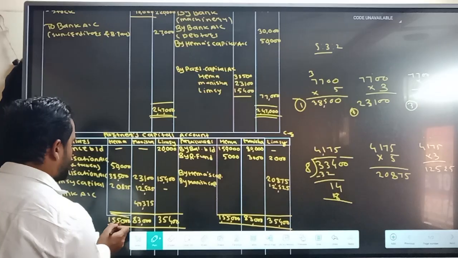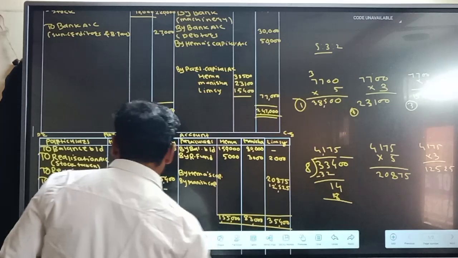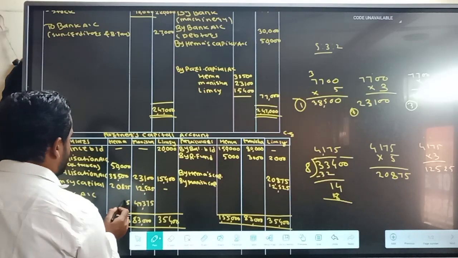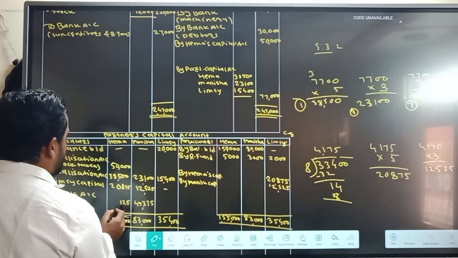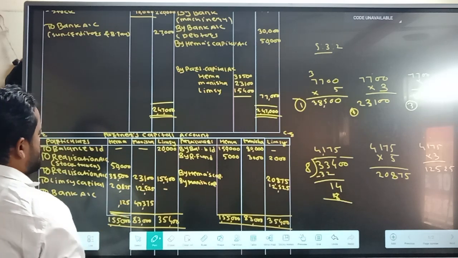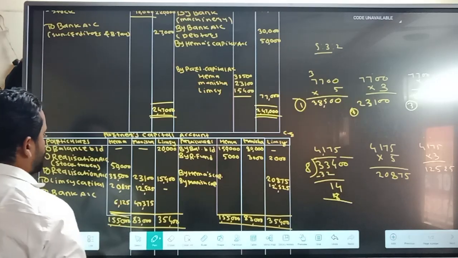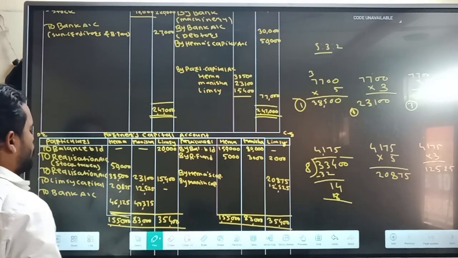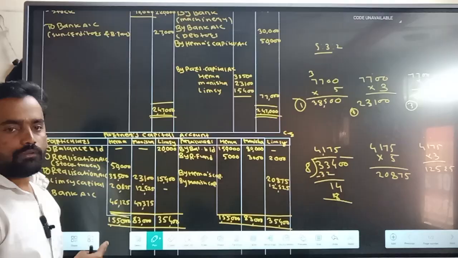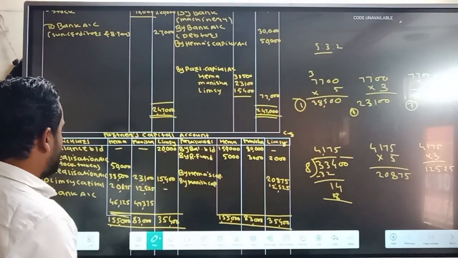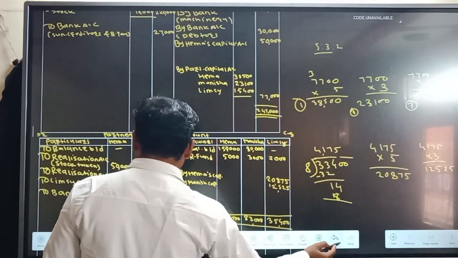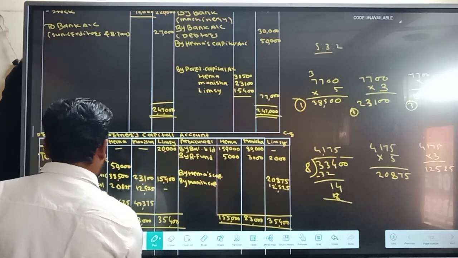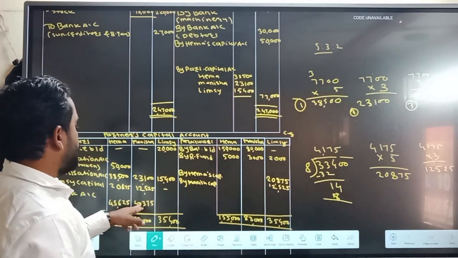So the difference between these two sides is 45,625, and second is 47,375.